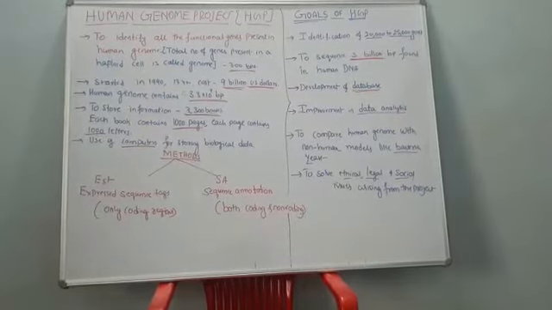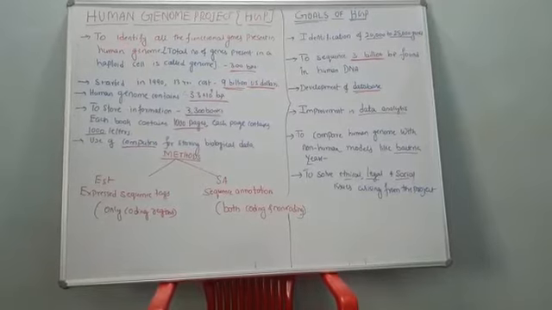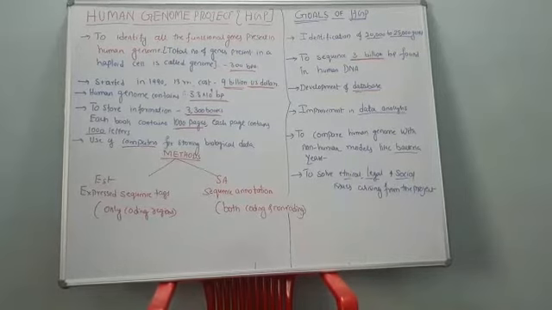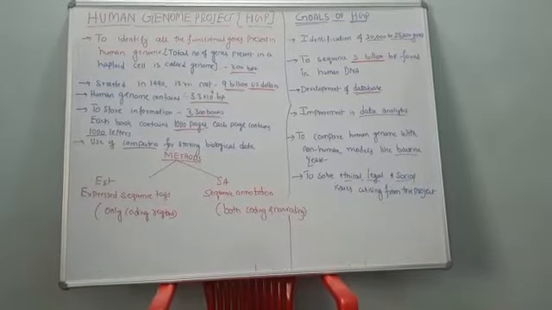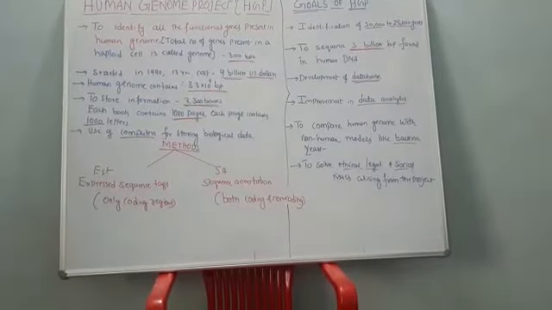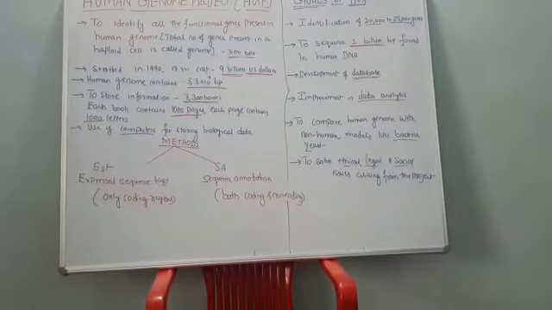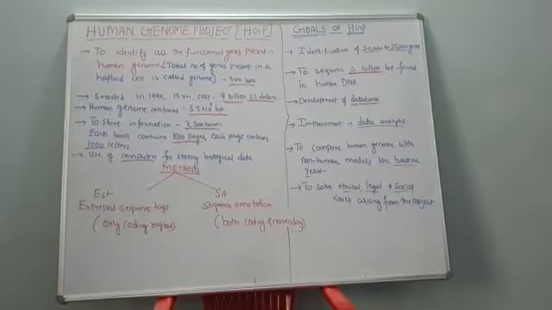And the main goal of the HGP is to identify all the functional genes. In other words, not only to identify all the functional genes but also to sequence all the genes, the sequencing of the nucleotides. You must remember the words sequencing of the nucleotides.